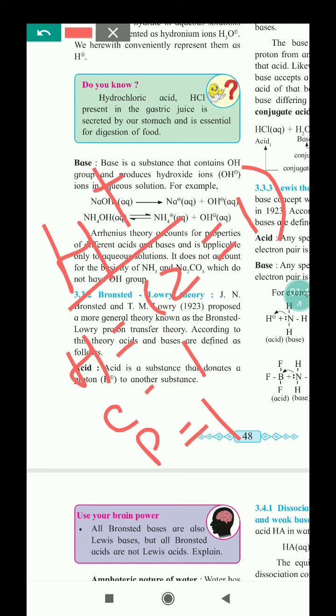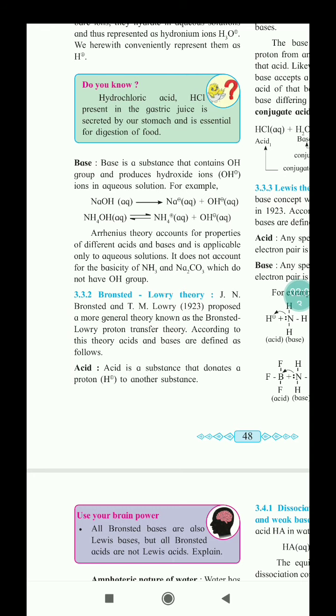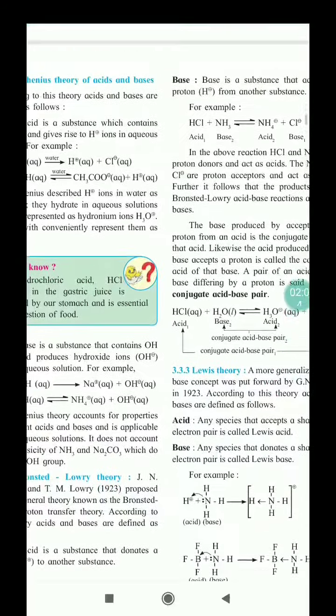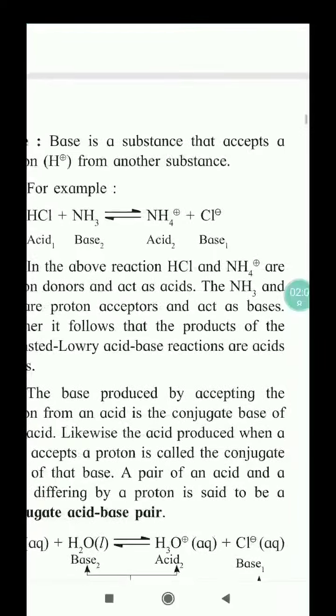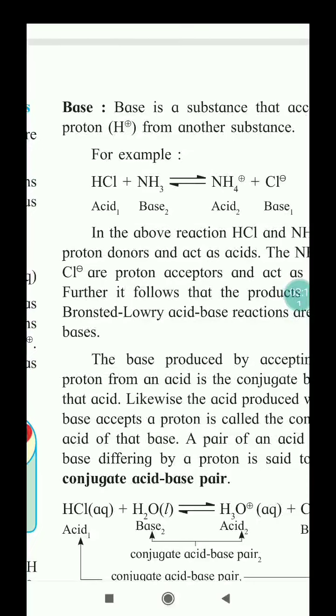By loss of this 1 electron, it forms the H positive ion. This H positive ion contains only 1 proton, and that's why it is called a proton. So this proton donor substance is called an acid. Then a base is a substance that accepts a proton from another substance.